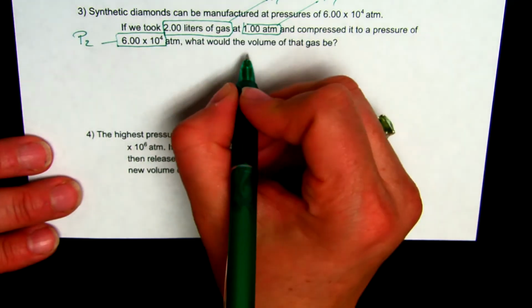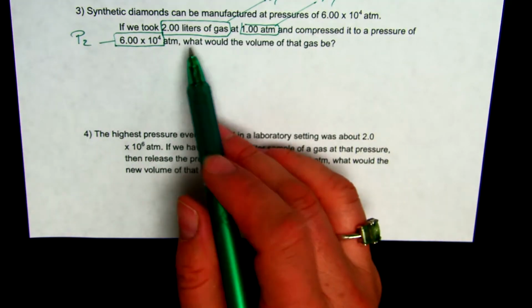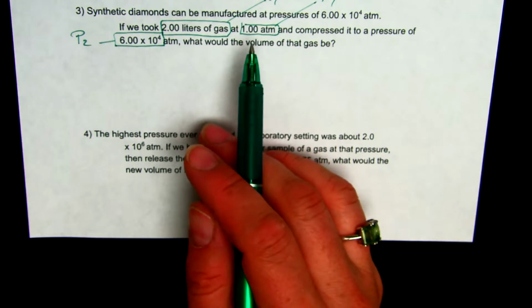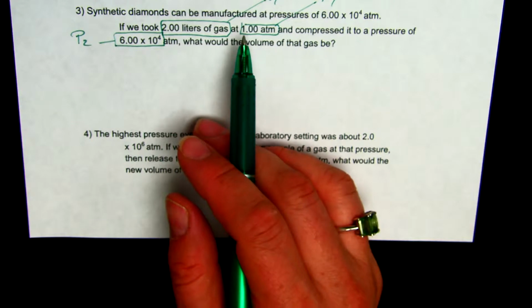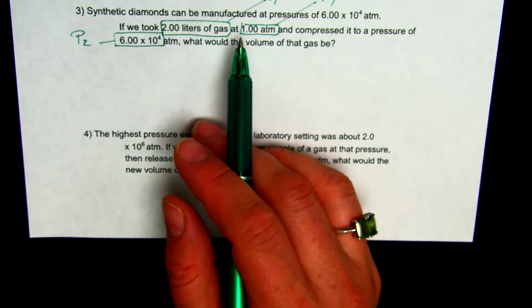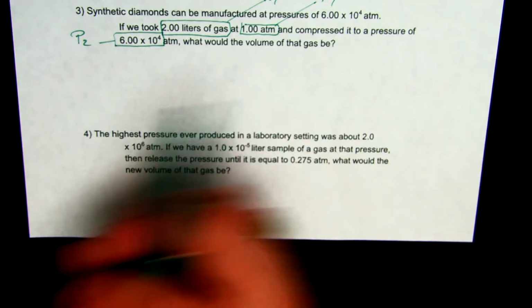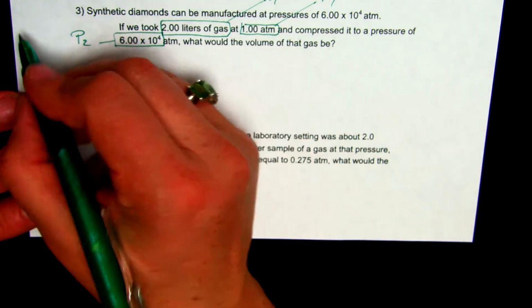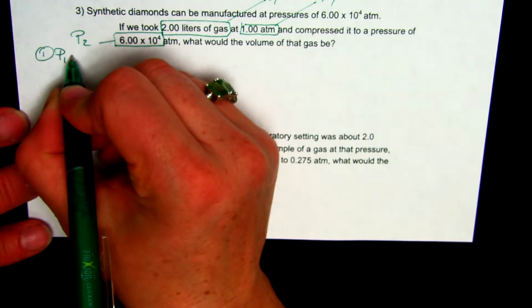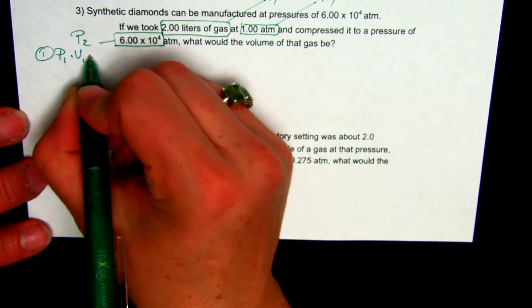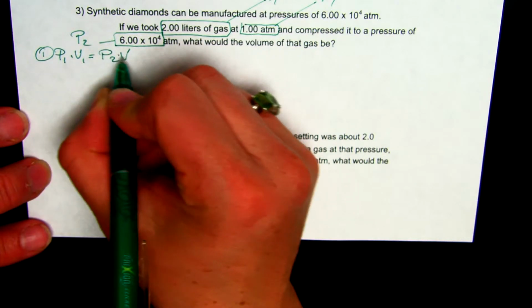If I have 2 liters, you know what a 2 liter of Coke is, right? If I had this much gas and I put it under the same pressure that it would take to create a diamond, how big would that gas be? So we again do, first thing, write down your formula. P1 times V1 equals P2 times V2.